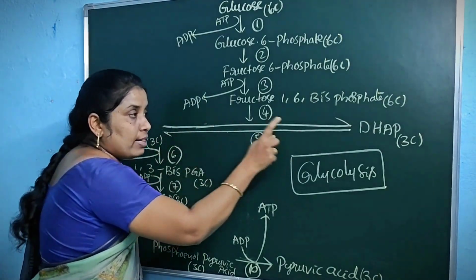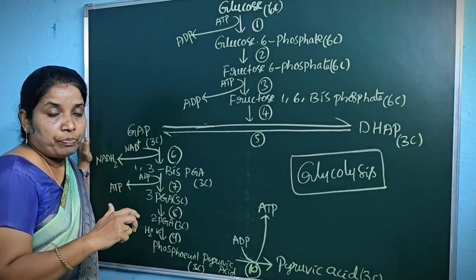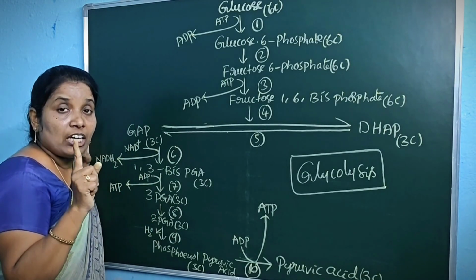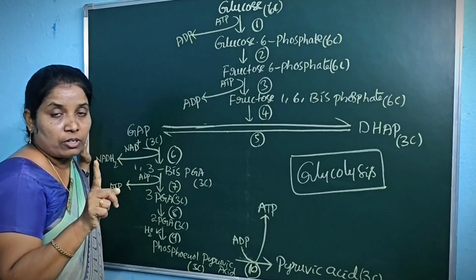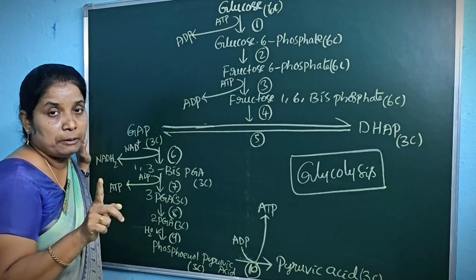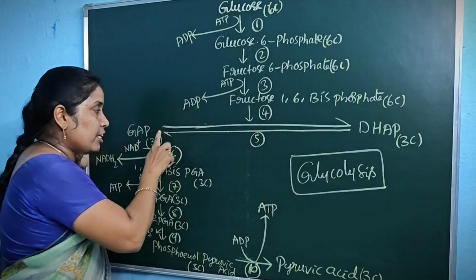Okay, let's see the fifth step. These two are isomers, nothing but they can interconvert. They have only one functional group as the difference in their structure. In the fifth step, DHAP converts into GAP.